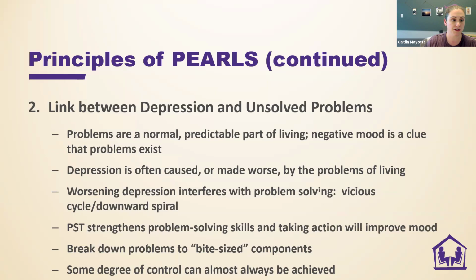And as the depression gets worse, their ability to solve those nebulous problems gets worse, and it creates this vicious downward spiral. So they will be using problem-solving treatment to break up one problem at a time into bite-sized pieces so that they can take some degree of control and make it less of a problem, which will hopefully make their symptoms better and their mood better. Then they'll feel like they can take on a little bit more and a little bit more, and then they'll feel better. And so it's reversing that spiral.